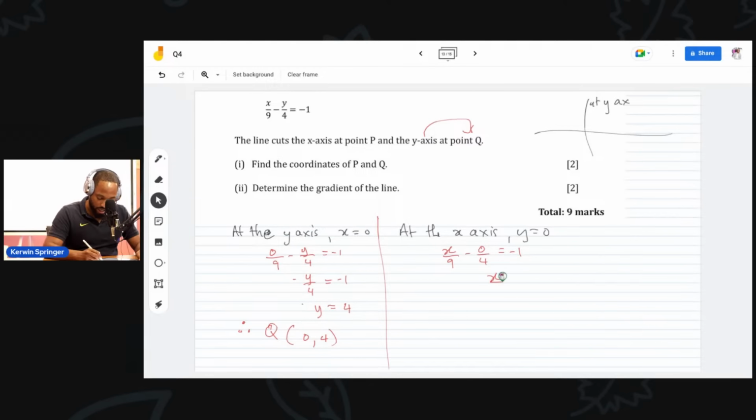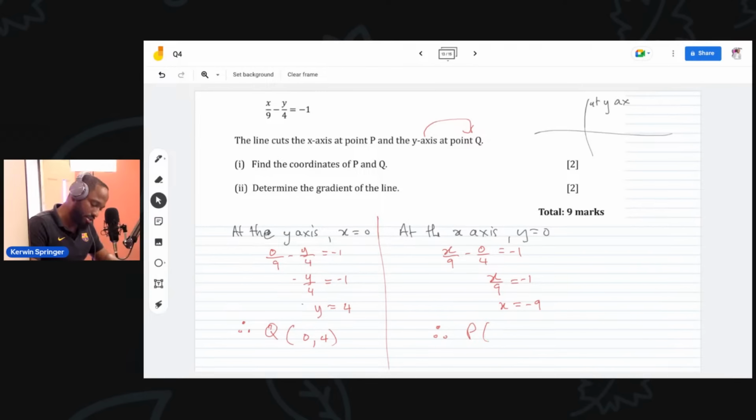So it comes down to x over 9 is equal to -1. So x is equal to -1 times 9, which is -9. Therefore, P is -9 on the x and 0 on the y. You understand that way? I made a mistake in the last question. Let me just double check the last question.